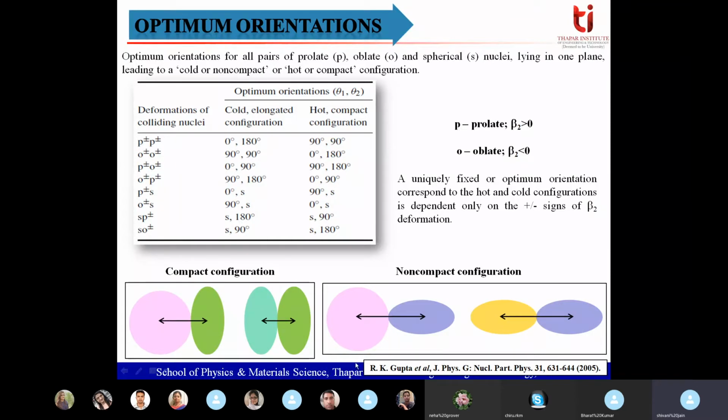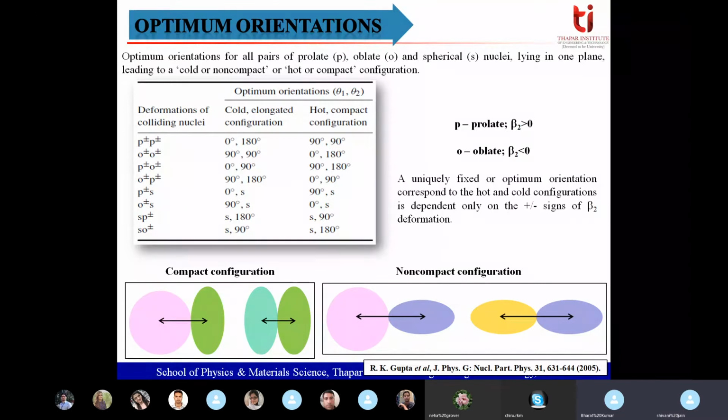So, late Professor, you mean if the deformed target has a vertical shape, then the nucleus has a compact configuration, and if it has a horizontal situation, then it will be a non-compact configuration, right?